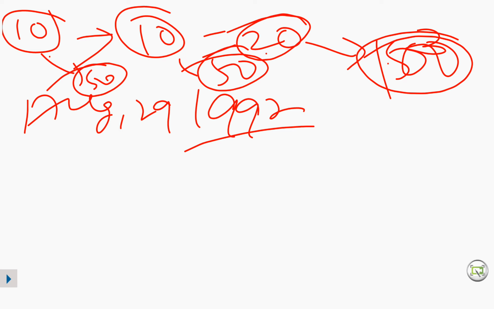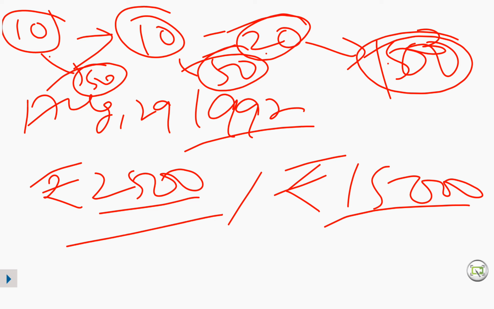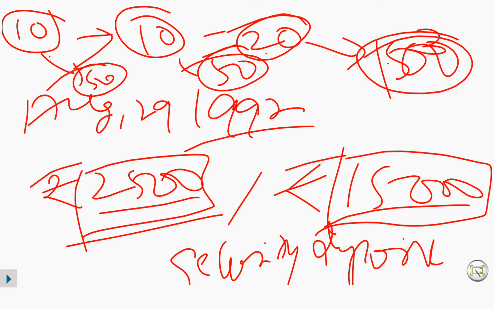First of all, the security deposit was rupees 2500, but now it has been raised to rupees 15,000. See how much difference, from 2500 to 15,000, the security deposit of a person who is standing for the election of president.